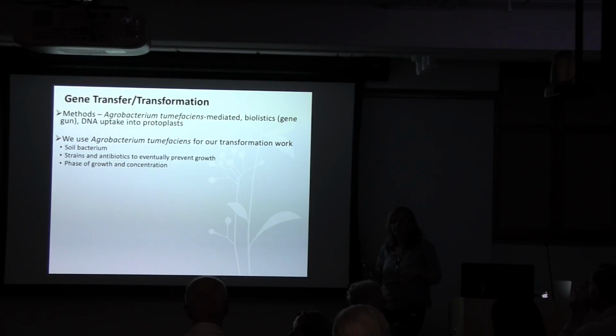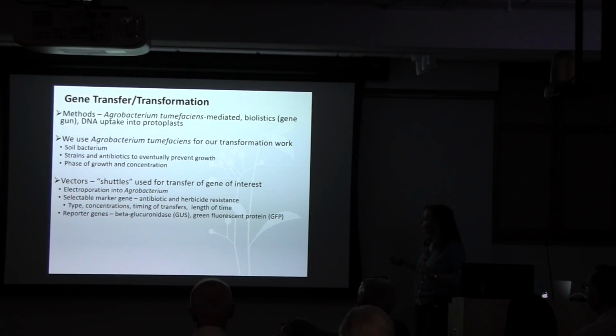There are also different phases of growth and concentrations to look at. When we make an overnight culture of agrobacterium, we read the optical density. In general it's about 0.6 to 0.7, but for some species we have to decrease that by 10 times, so we're using 0.06 or 0.07, because they are very sensitive to the agrobacterium.